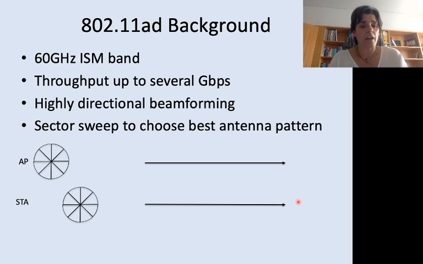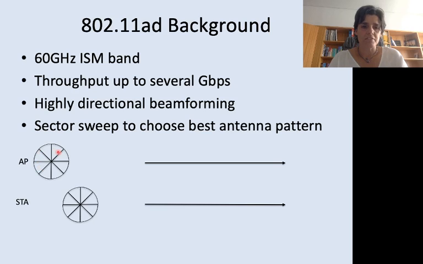The high attenuation requires that highly directional beamforming is used with smart antennas. And so any two devices always need to find out which is the best configuration of the antennas on both sides to achieve a good communication. That is done with a sector sweep protocol. And that's what I'm going to show you briefly now.